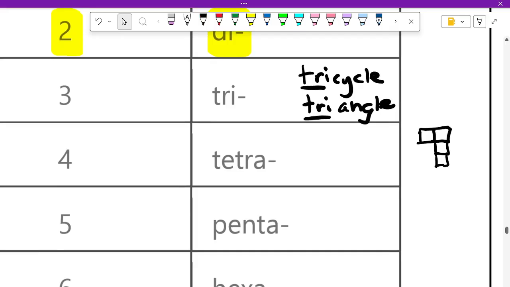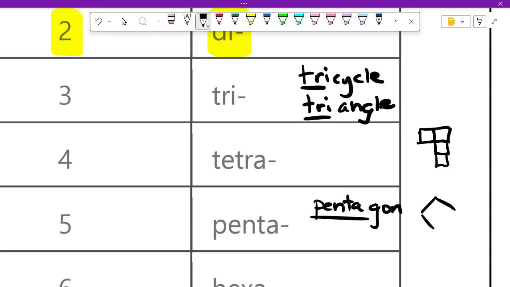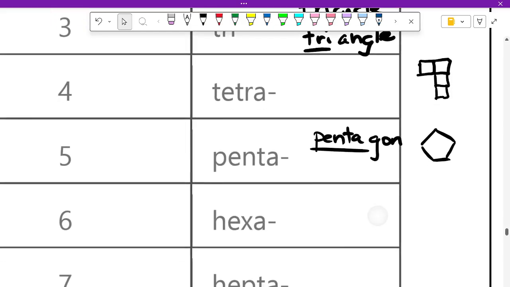Penta, pentagon. That's a 5-sided figure. Hexa, hexagon. That's a 6-sided figure.